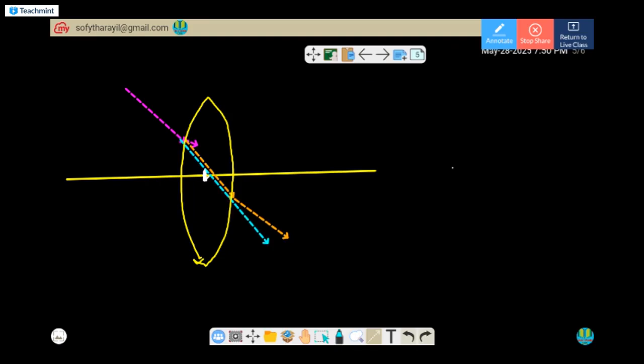What is the shift called under refraction? Yes, Rachel, what is the shift called? Deviation?